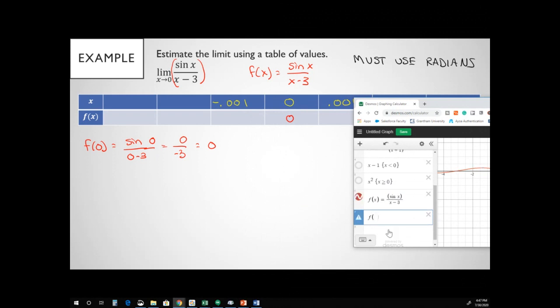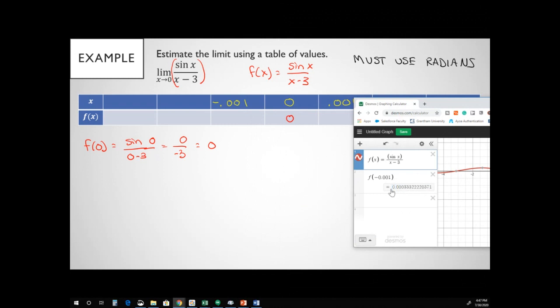And so if I want to know negative 0.001, why is that not working? Oh, it doesn't like that I have x in multiple places. Okay, so I'll delete all these. There we go. Okay, so we get this decimal value.